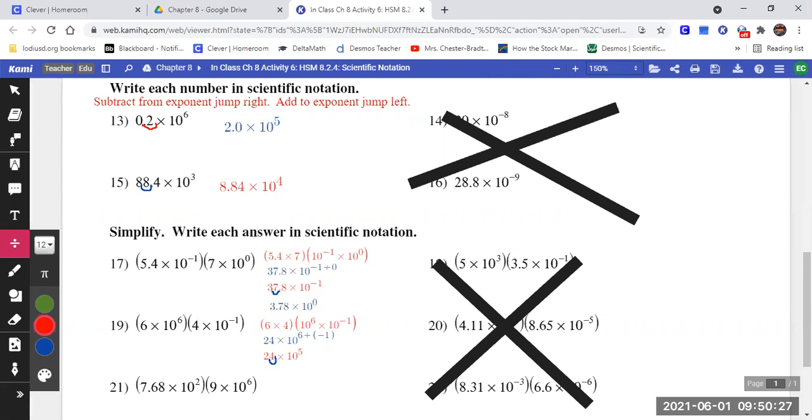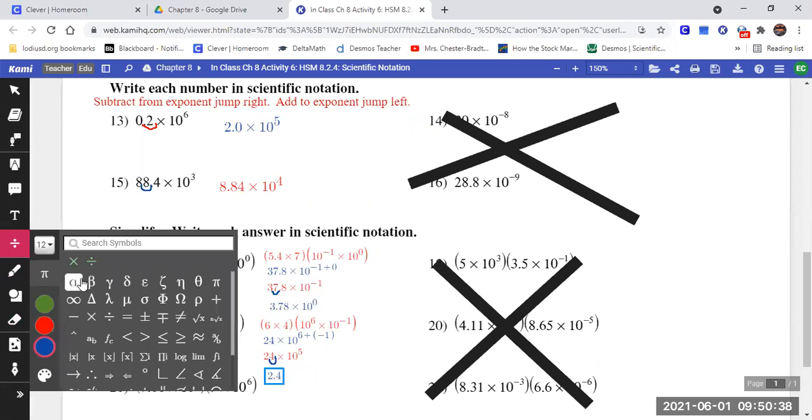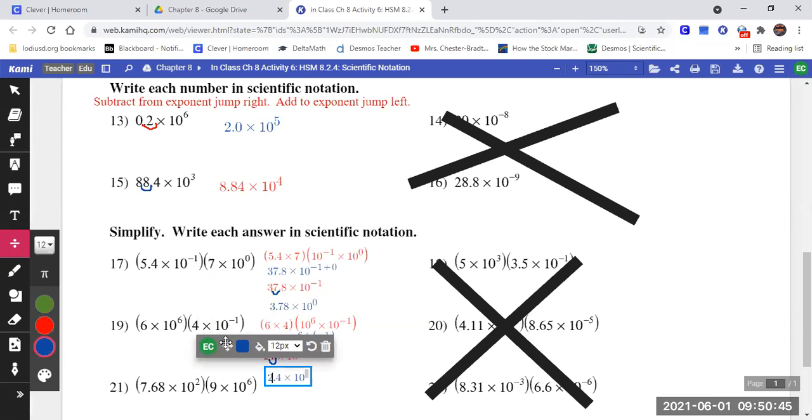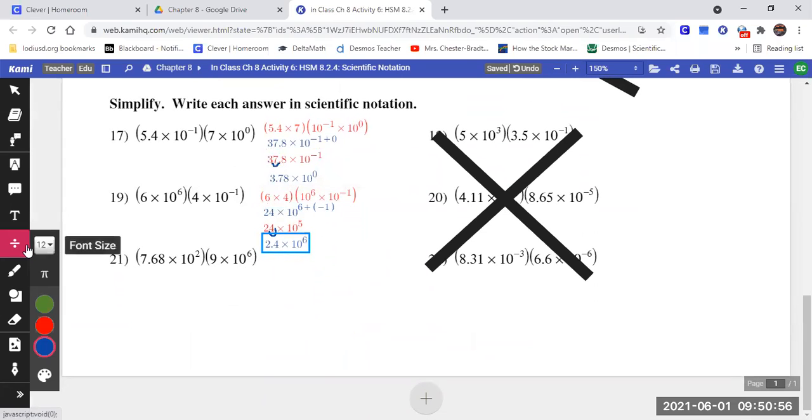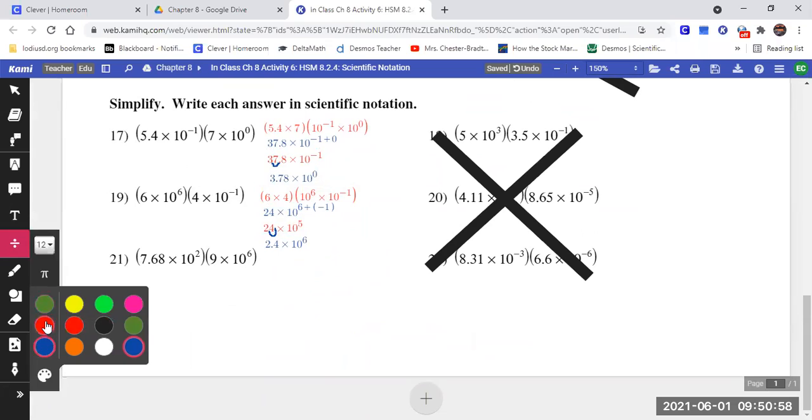So what are we going to do with this one jump? How are we going to fix the exponent with that one jump? 2.4 times 10 to the what? Yep, back to the 6th. Okay, back to the 6th.